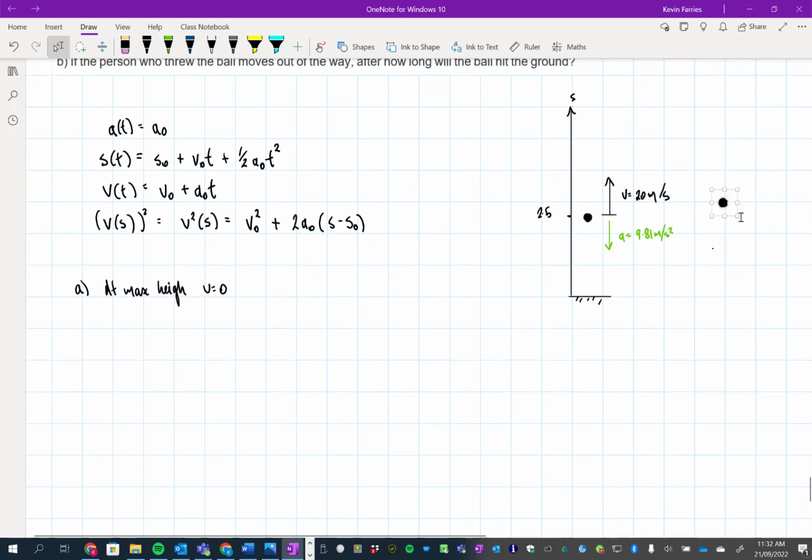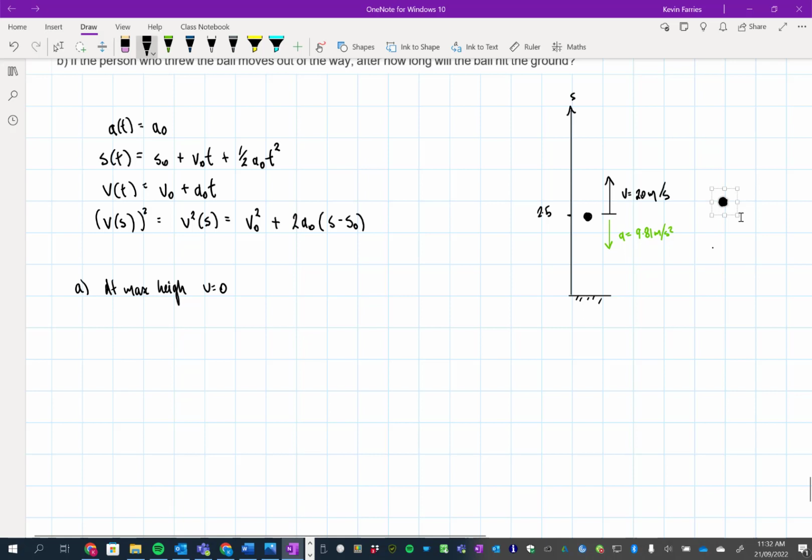So let's have a go at that. So the velocity, our max height velocity equals 0. We also know a is equal to minus 9.81 meters per second squared. That's how things accelerate in gravity. And we know that s0 is equal to 2.5 meters. We'll keep everything in meters and seconds.